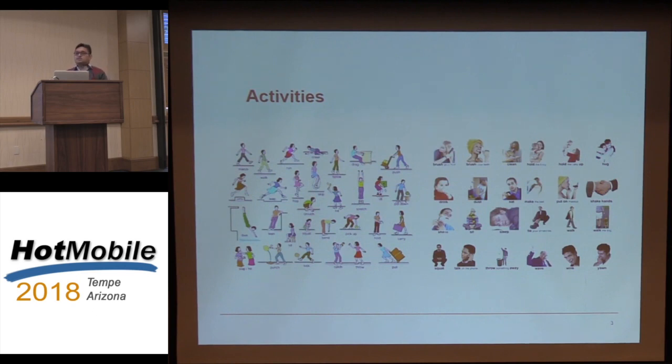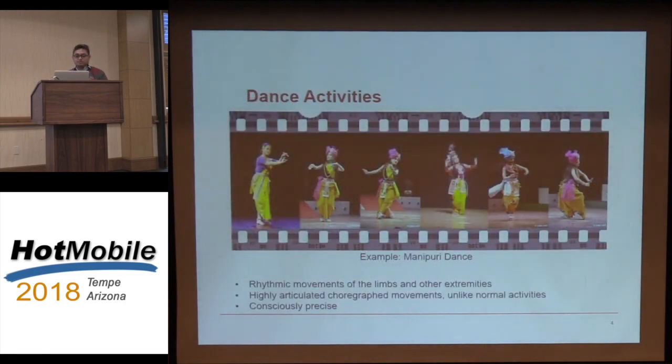These activities are considered much simpler because a lot of researchers before have successfully tried to detect these activities with even a single sensor. However, on the other hand, you can see here that dance activities involve subtle rhythmic movements of limbs and different body parts. These are highly choreographed and have to be performed really precisely. So this makes dance activities much more complex.